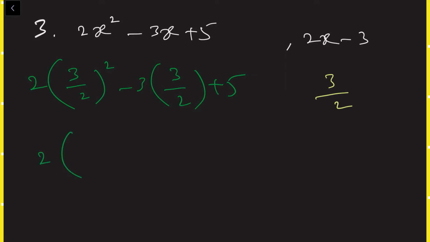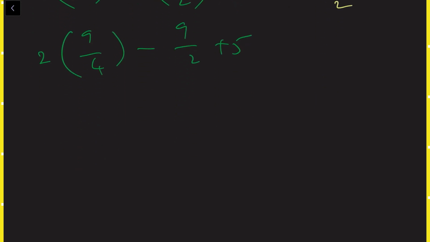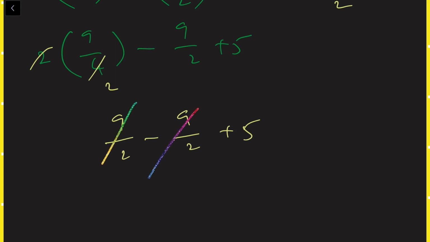2 into 3 by 2 whole square, 9 by 4, minus 3 3s are 9 by 2 plus 5. 2 ones are 2, 2 twos are, so we remain with 9 by 2 minus 9 by 2 plus 5. Here plus 9 by 2 minus 9 by 2 both will get cancelled, then we remain with the answer 5.